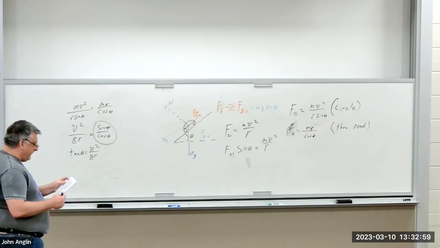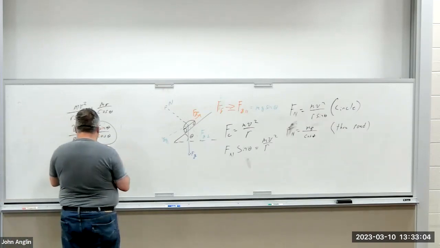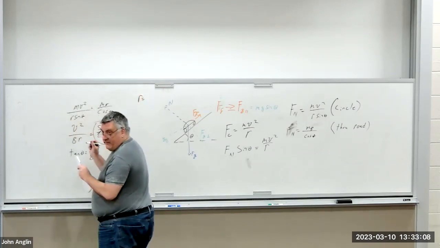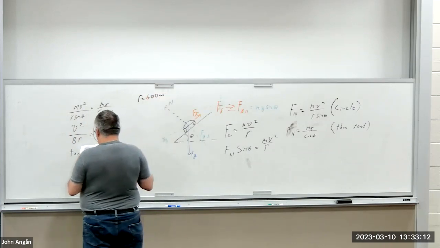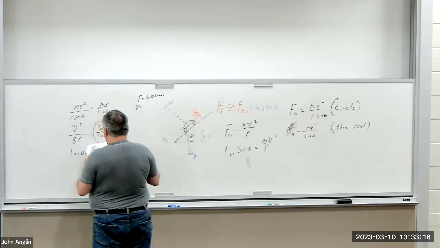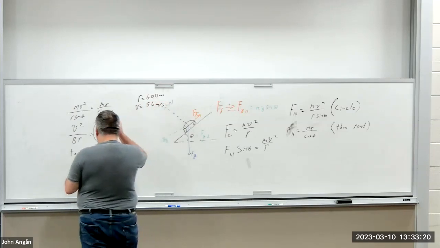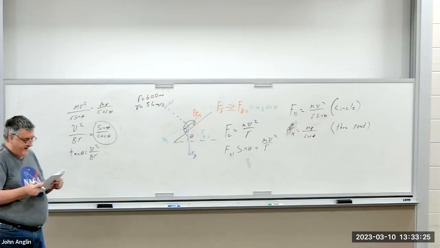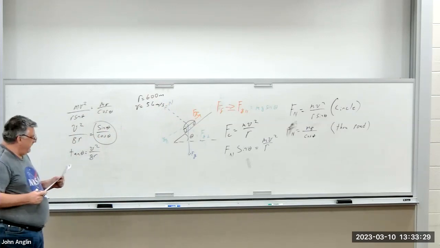So what happens if, let's say, that we set up a problem where the radius of the turn is 600 meters. We set up a velocity of 56 meters per second. That's what we had before on the flat track. But let's see what the angle does.